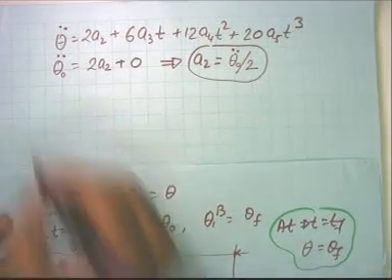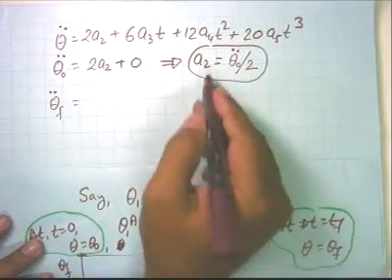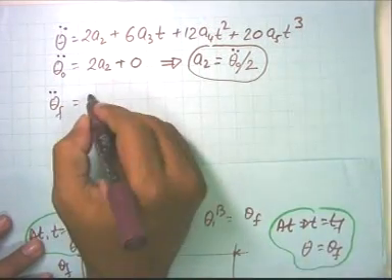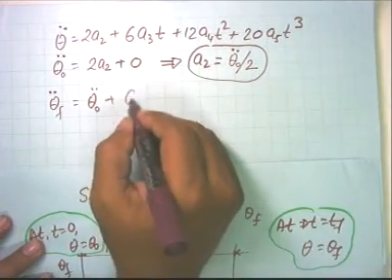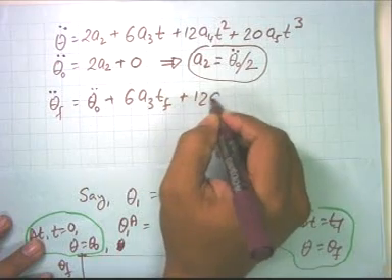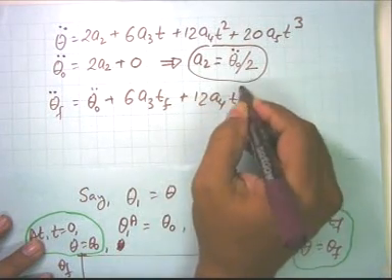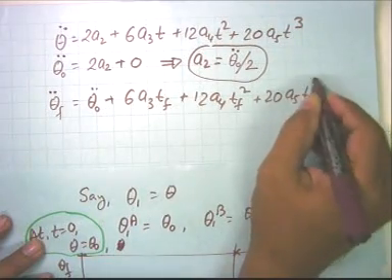Now I have another condition, theta f double dot is equal to 2A2, that is theta 0 double dot, plus 6A3 Tf plus 12A4 Tf square plus 20A5 Tf cube.